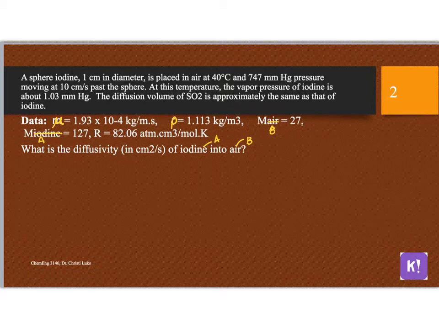Okay, so if you've done this correctly, then you know that for gases we need to use the equation on page 425 of your book. This is the formula for diffusivity.